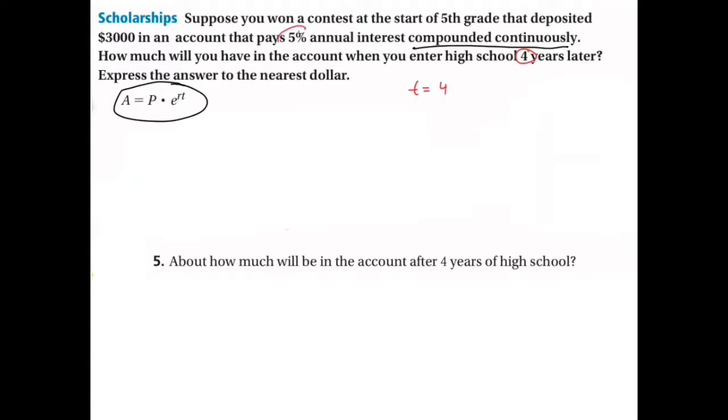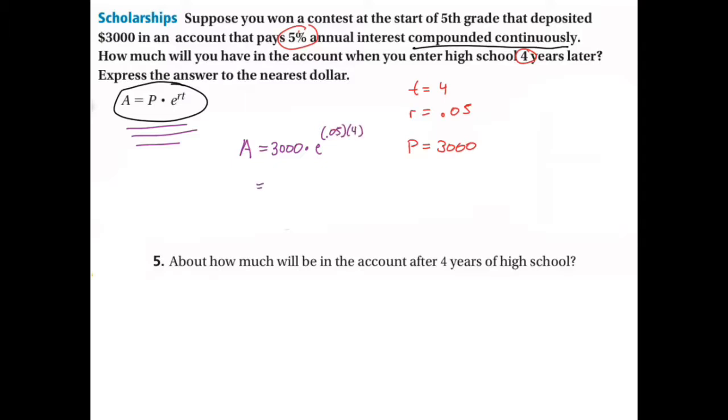We know our rate in this case is 5%, so the rate is 0.05, because we turn it into a decimal. And then our principal is 3,000. So we're going to plug all of this into this equation. We've got the amount equals 3,000 times e to the 0.05 times 4 power.